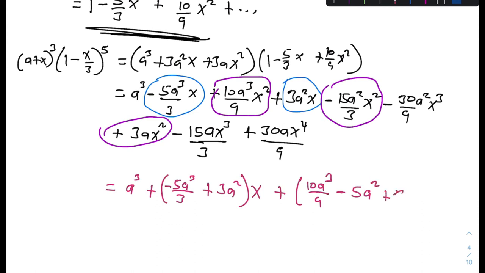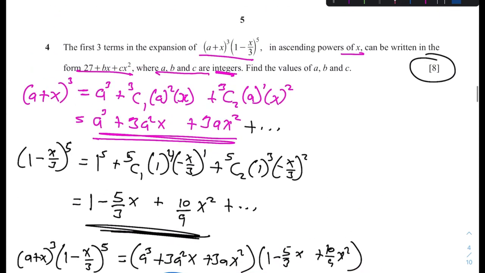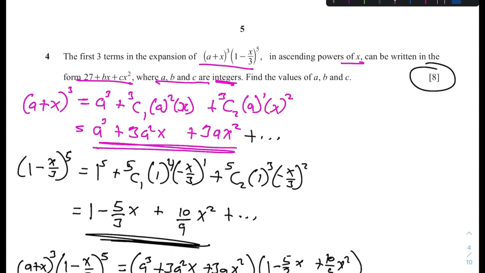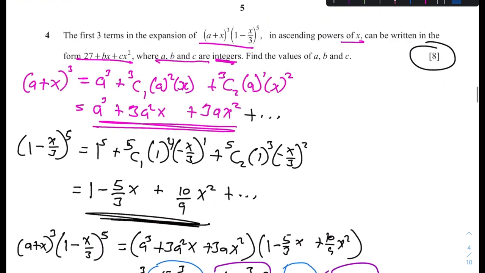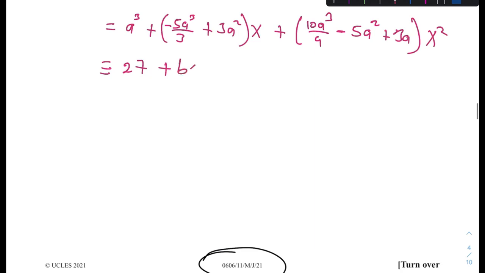Then finally we have plus 3a. The square goes out. Cool. Now we are going to compare it with the 27. This one, 27 plus bx plus cx squared, right? So this is equivalent to 27 plus bx plus cx squared.